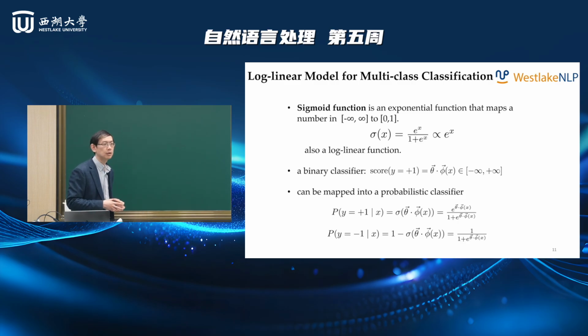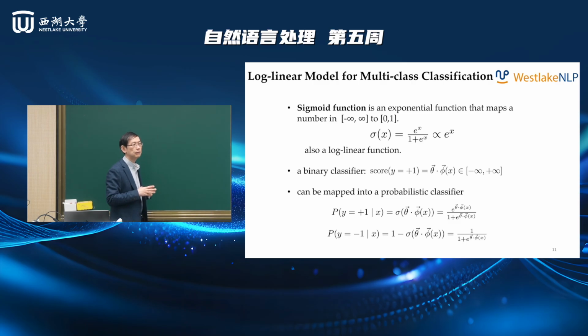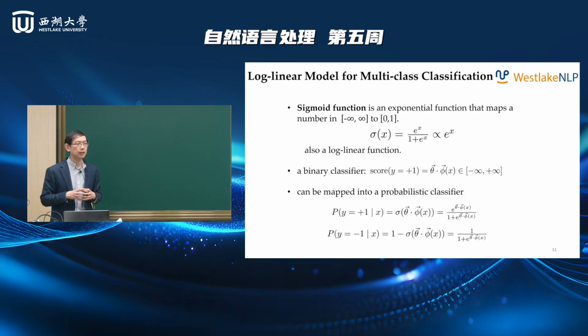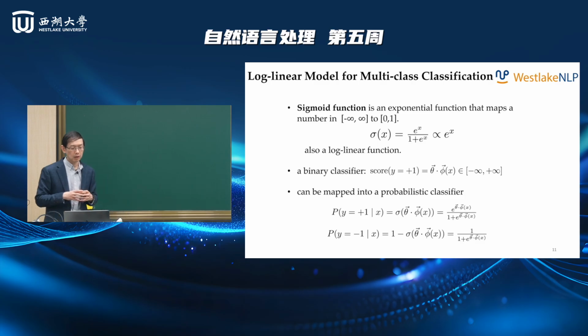We have another function, written here as sigma of x. This function turns an x between minus infinity and infinity into something between 0 and 1. This function is called a sigmoid function. We just give it a name, but it is another exponential function that does the mapping.